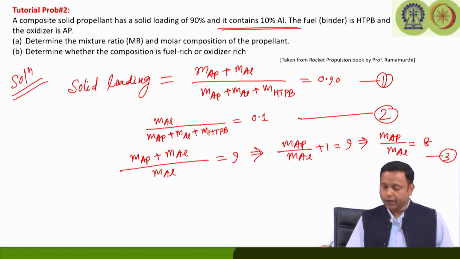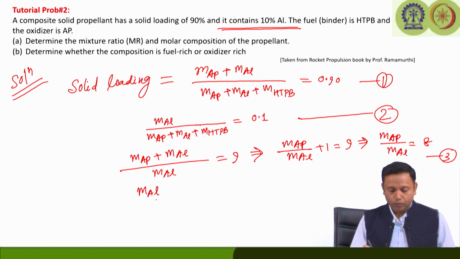So, from there we can actually get the ratio of binder to the aluminum particles. We can see how much is present in the propellant. Let us say we write from equation 2, because we are writing mass of aluminum.